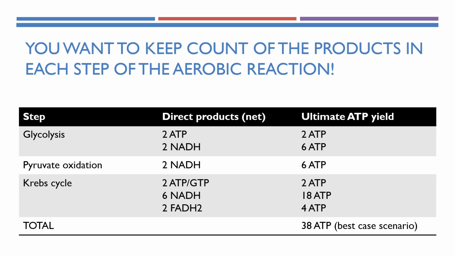So under best case scenarios, if this process was to work flawlessly, you would result in about 38 ATP. Now that's not always the case. Normally you only get about 30 to 32, but best case scenario, you wind up with 38, okay? Now remember, these yields of ATP are for 1 molecule of glucose.